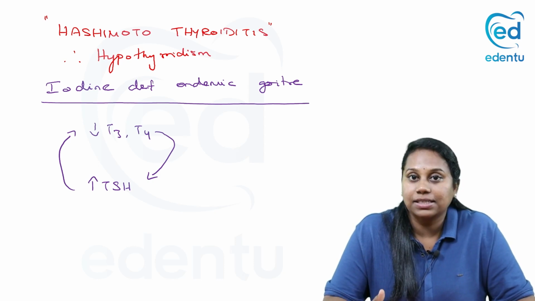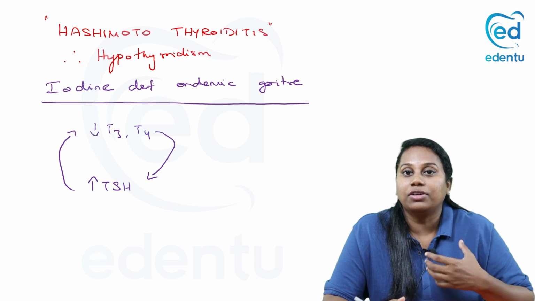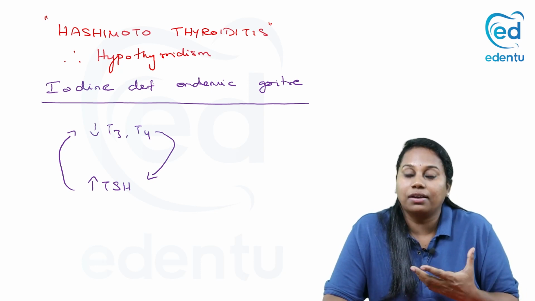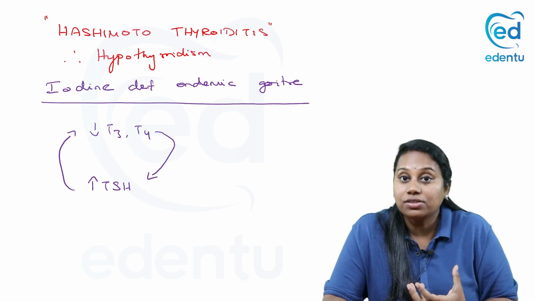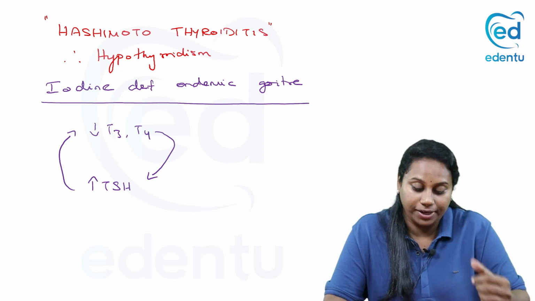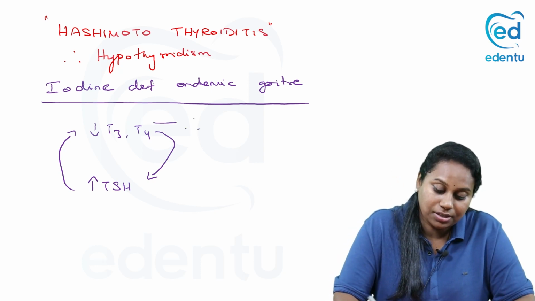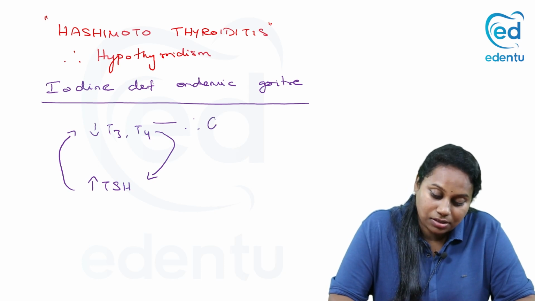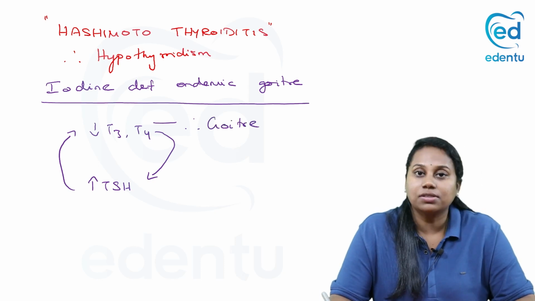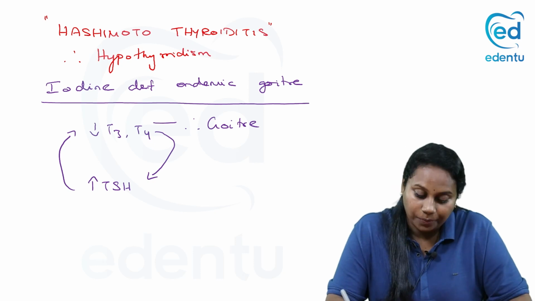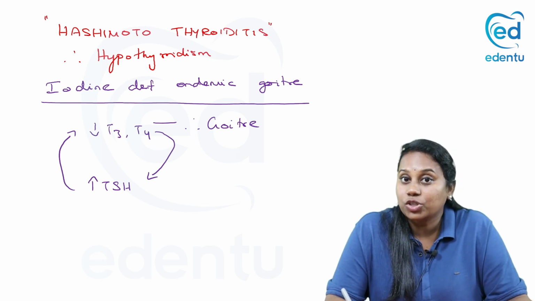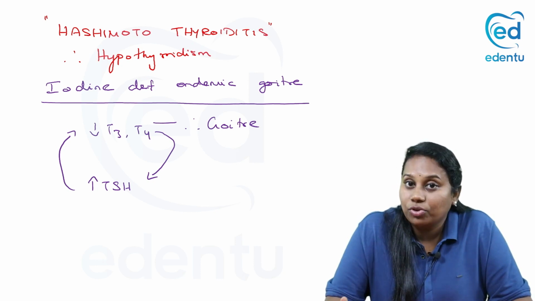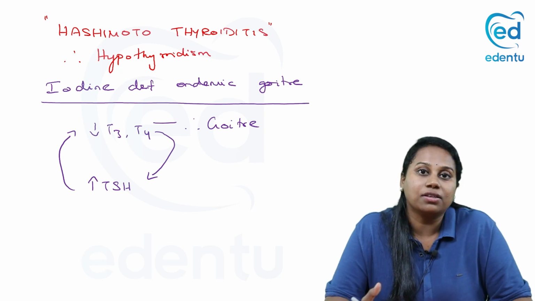This increased TSH acting on the gland will try to increase the activity of the gland, thereby increasing the size of the gland, which is called goiter. Therefore, it results in overactivity of the gland, or simply swelling of the thyroid gland. But hormone levels are actually less. It's just trying to produce more hormones without knowing there is no iodine.